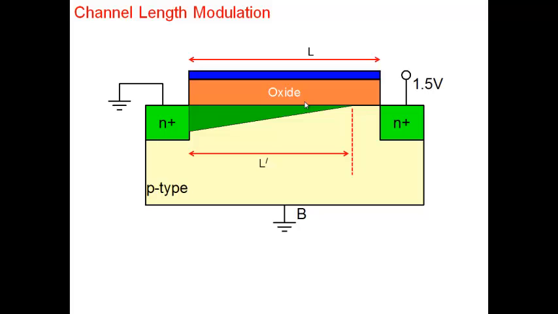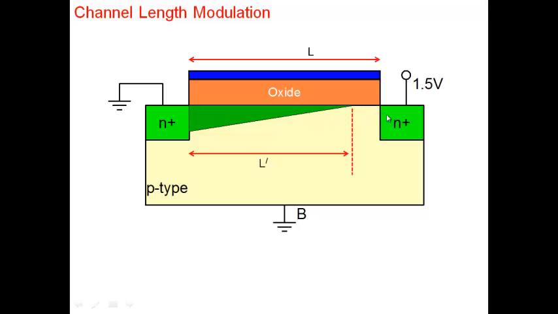So effectively, your channel is becoming smaller and smaller. And if the channel becomes smaller, what happens to current? The length of the channel becomes smaller, which means its resistance becomes less. The resistance is from here to here, right? As I said, beyond this particular point, there's no problem in electrons getting collected.